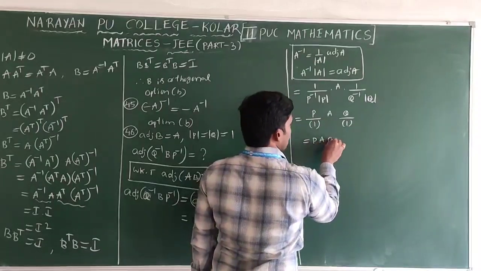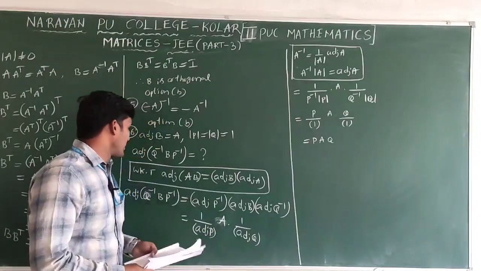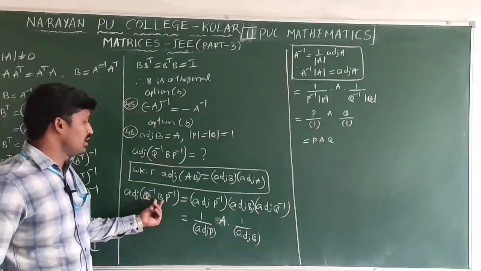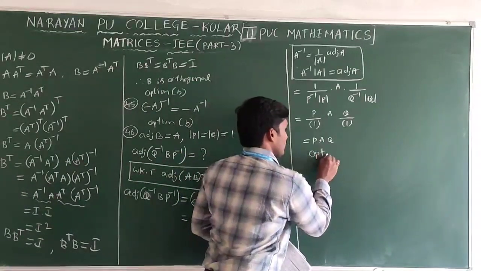Finally, what is the value you will get? P into A into Q is the required value of adjoint of Q inverse into B into P inverse. Which option is correct? Option C.